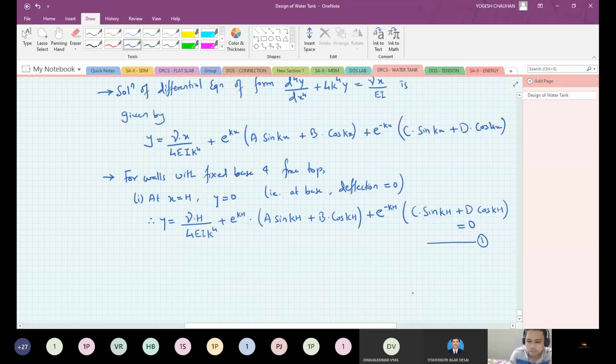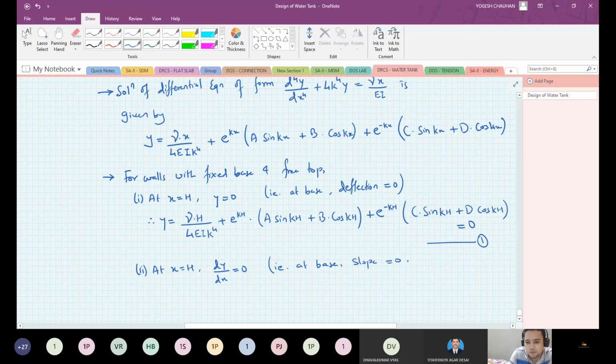Then apply the second boundary condition. That is at x equals to h, dy by dx equals to 0, that is at base the slope is 0.